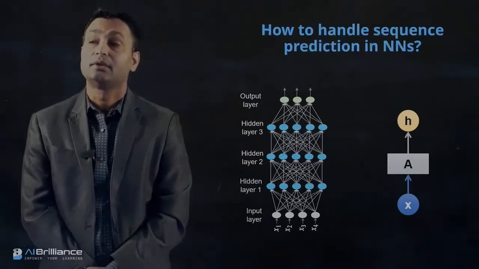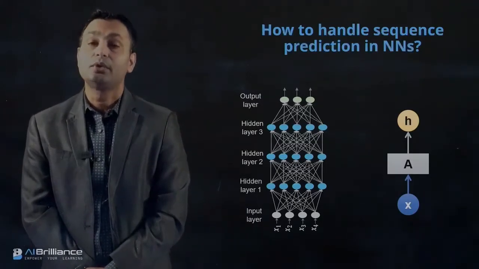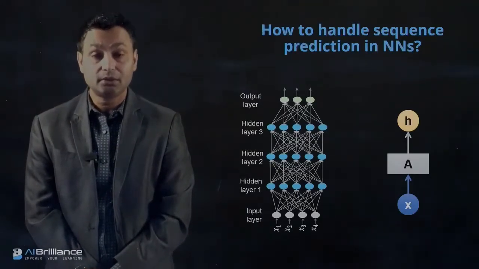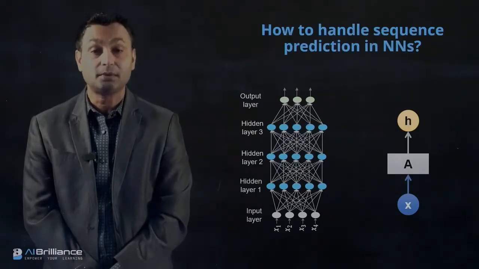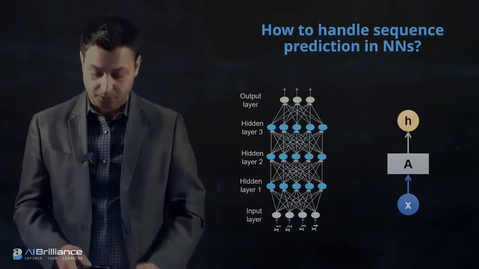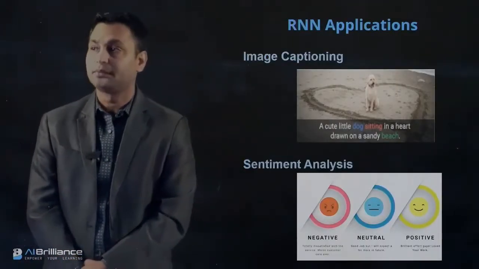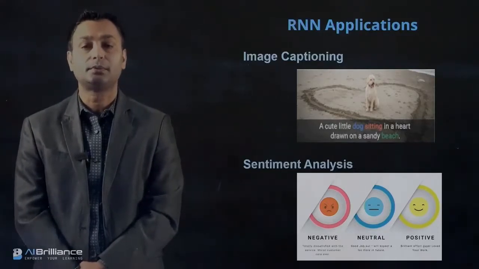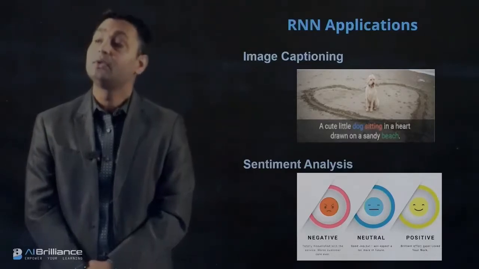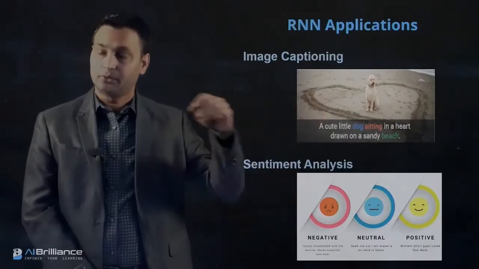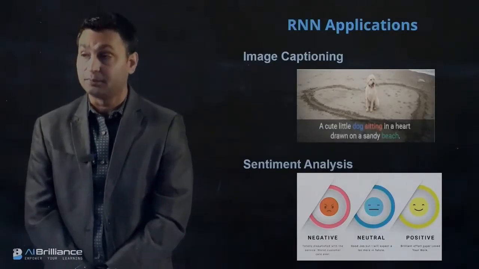That's where the value of recurrent neural networks comes into the picture, which are geared towards solving problems in which sequence dependency is very, very important. So let's first consider some applications to motivate why sequence dependency might be important.